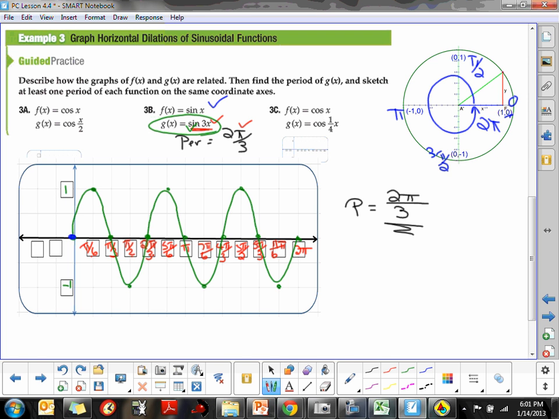A quarter of a turn, or π/2, we're finally at 1. Then we go a half a turn, we're at 0, so at π, we're at 0. Then another quarter of a turn, at 3π/2, we're at a -1. And by the time we do 2π, we're back to where we started. So here is our normal period of the sine.